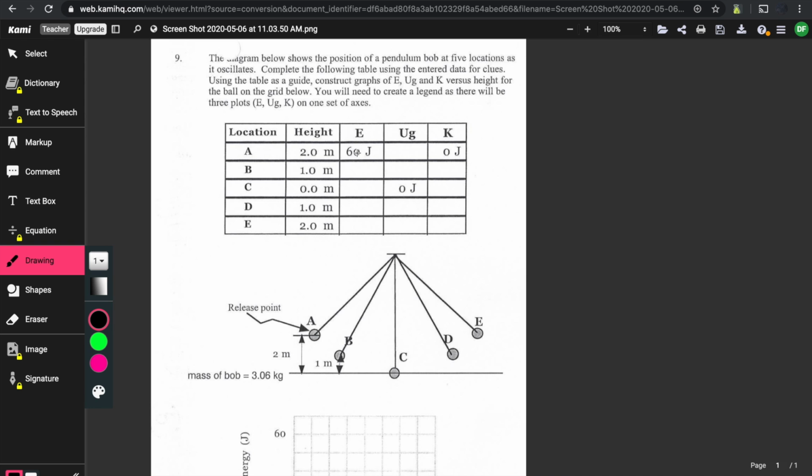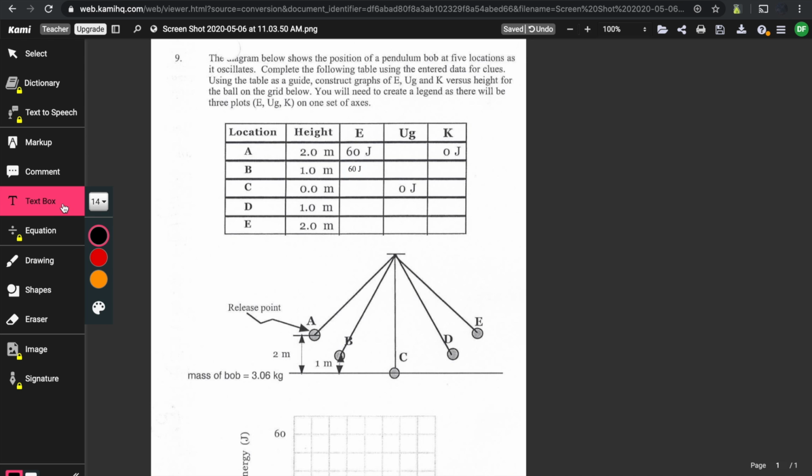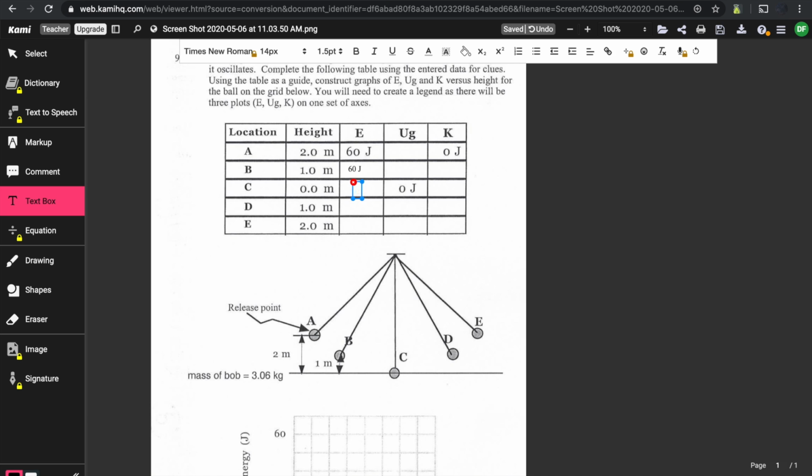So if the energy here is 60 joules, guess what the total energy all the way down has to be? It has to be 60 joules here, 60 here, and so this one would be 60 joules. Then if we do it again, the next one would be 60 joules.